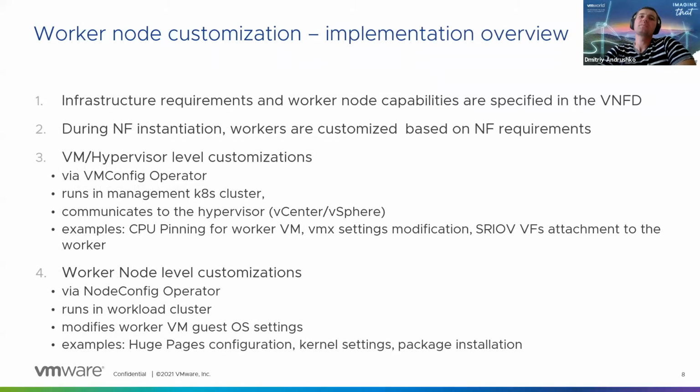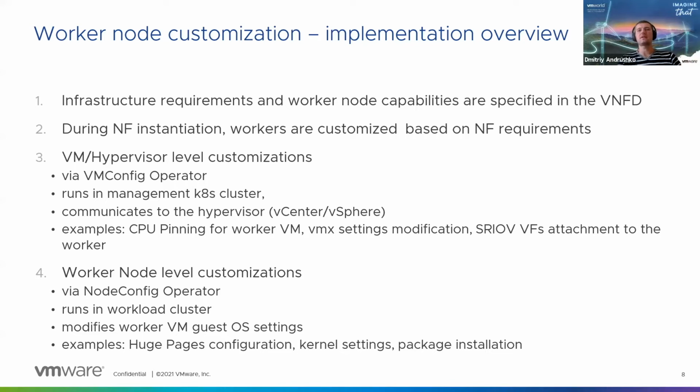So how is it implemented? Basically, if you look at all possible customizations which are typically required for the Kubernetes worker node, we can split them into large buckets. The first large bucket is all the changes to the worker which are required at the VM level settings.